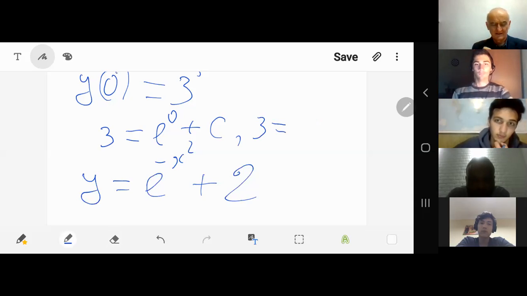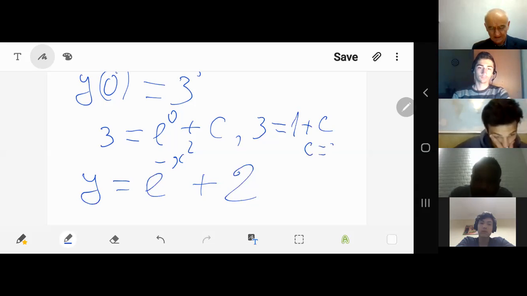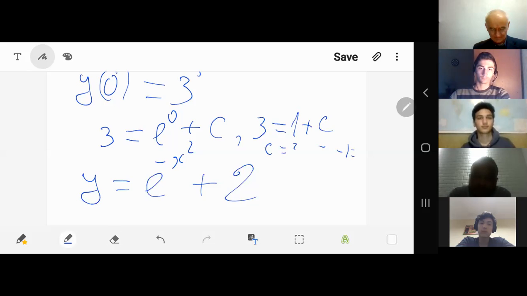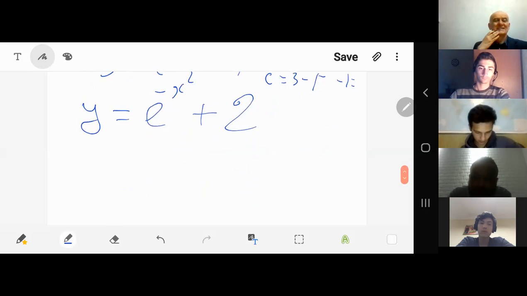Do you agree? Yes. 1 plus c, so we have 1 plus c equals 3, and from here c equals 3 minus 1, and it's 2. Okay, I understand now. Any questions? No.